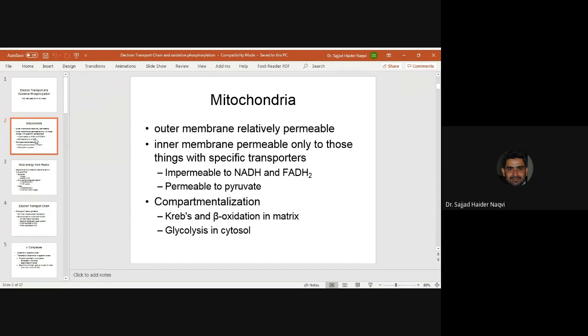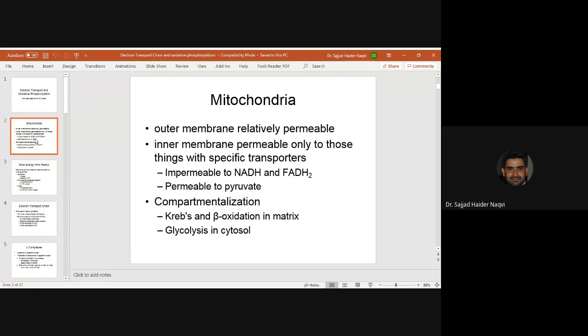So if something is going on within the mitochondria, it is separated from the reactions going on in the cytoplasm. Glycolysis, which is the 10-step reaction of conversion of glucose to pyruvate, takes place in the cytoplasm, while the Krebs cycle, which can also be called the TCA cycle, and beta oxidation, which we are going to discuss right now, take place in the mitochondrial matrix.